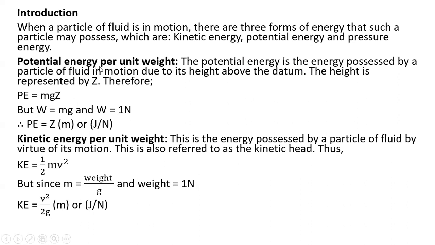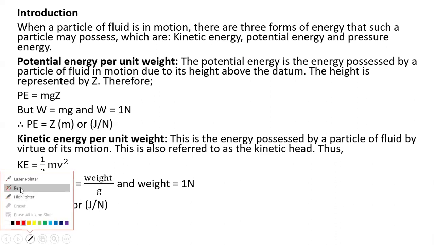For potential energy per unit weight, of course, this is the energy due to some height above a given point or datum. If you refer back to the formula for potential energy, it's mgh. Here, we avoid using h; we're going to use the letter z to represent the height. Then mg represents the weight.